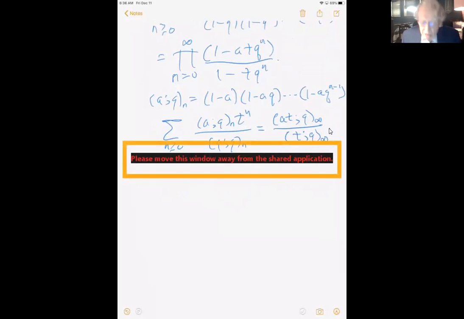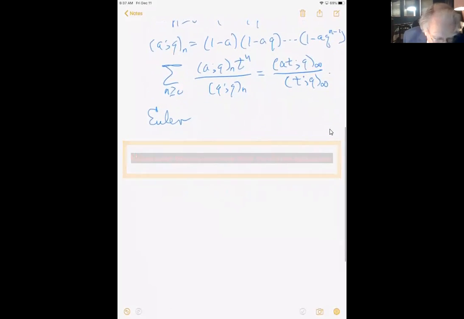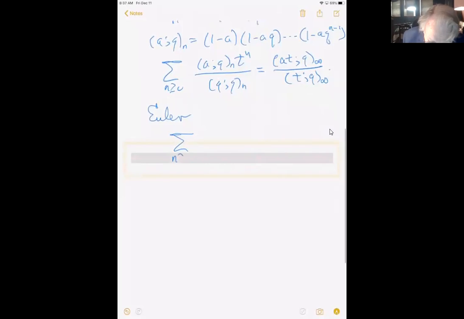There are a number of nice applications of this. Actually, while this series probably dates from the 19th century, Euler knew a number of special cases, and in particular, Euler knew the following special cases. Summation n greater than or equal to 0.